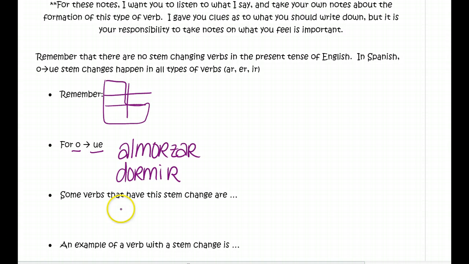We have the verb poder, which means can or to be able to. Some other verbs that we have, this one we learned last unit, is the verb costar, to cost.